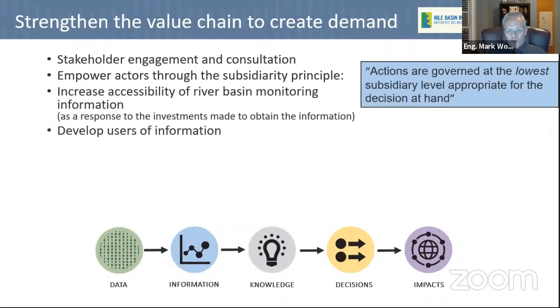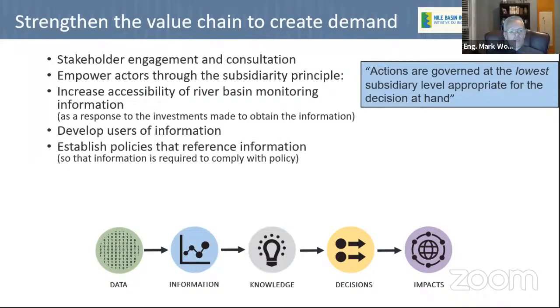We develop users. We discussed that yesterday. There's a slide that was in my presentation that can be referenced of ways of developing users. And then we establish policy that reference the information so that information is required to comply with policy. That means that policymakers and government officials have a need for the information because it's a part of the requirement for the functions they perform.